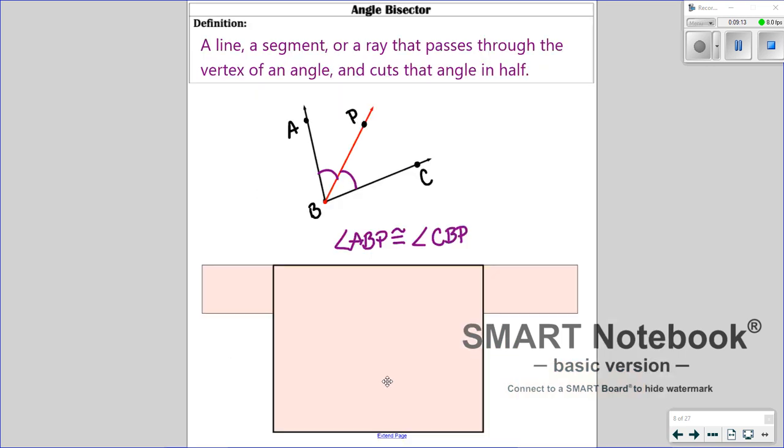As you can see in this diagram, we have a full angle ABC, and BP is the angle bisector, and thus it's creating two congruent angles. You got angle ABP and angle CBP. They're congruent to each other, so that means they're equal.